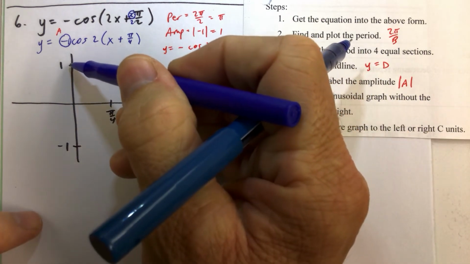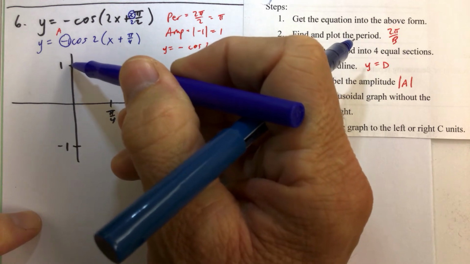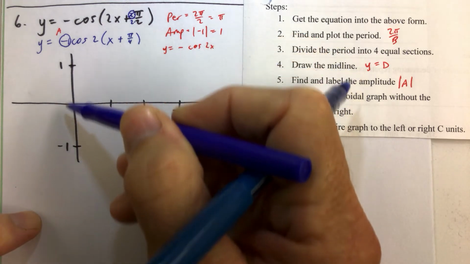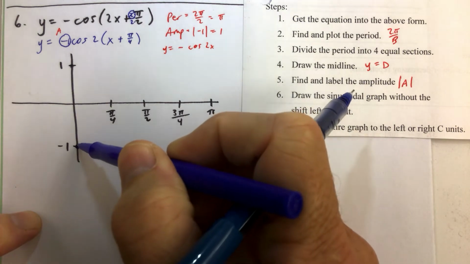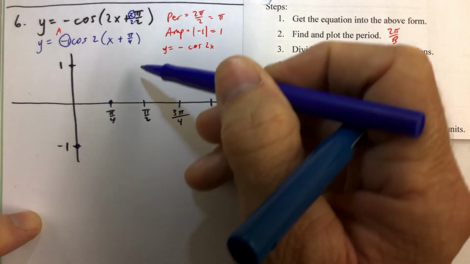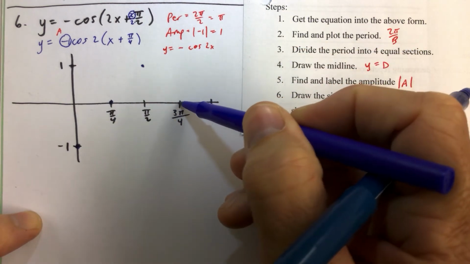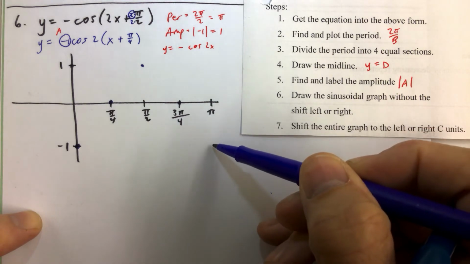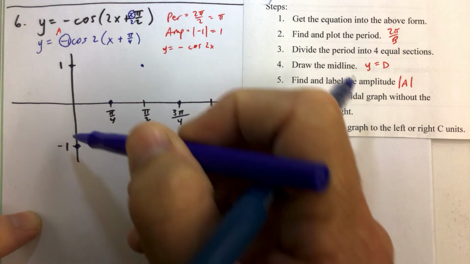So normally cosine of 2x would start up here, but flipping the graph of cosine of 2x over the x-axis brings the starting point right down here. So if we start here at the low point, we go next to the midline, and then we go up here to the high point, then we go back down here to the midline, and then finally at the end of the period, we're going to be back to where we started.